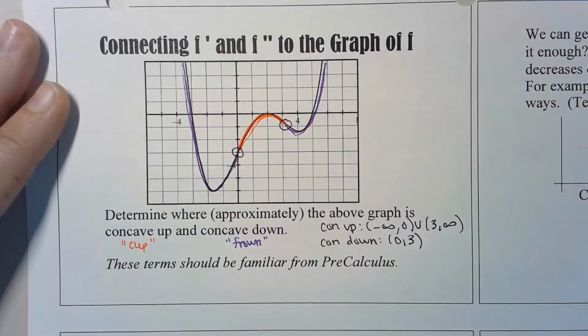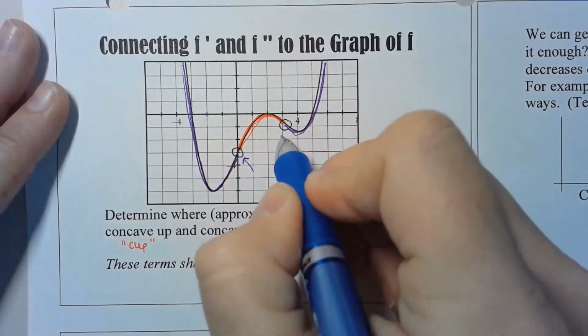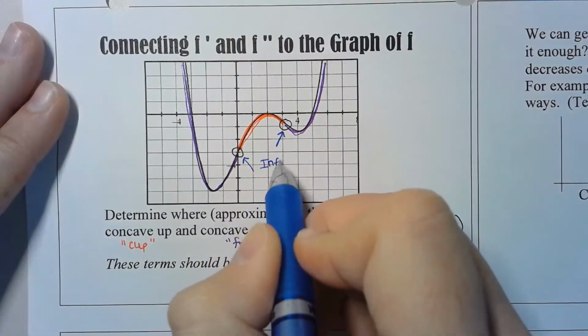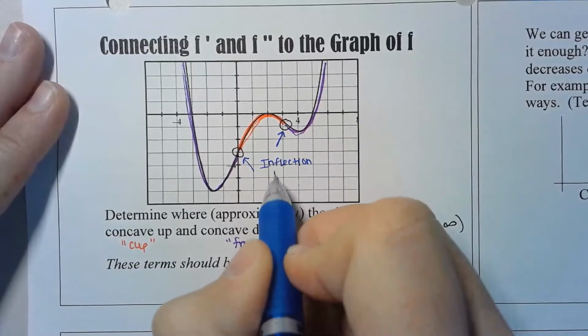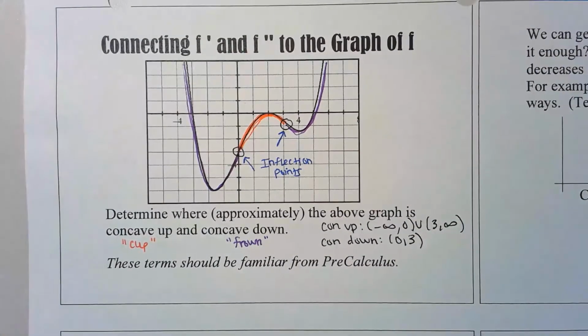Now, if you recall from last year in pre-calculus, the place where the graph changes concavity, we call those inflection points, or points of inflection. Same thing, where the graph changes concavity. All right, so that's just a quick little review.